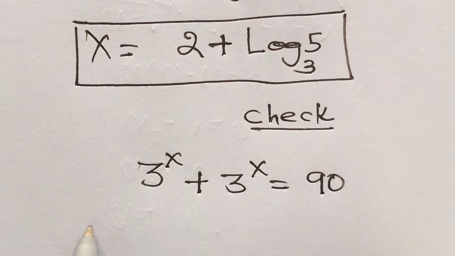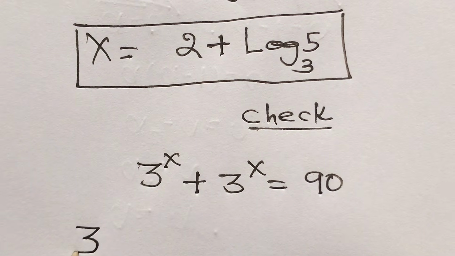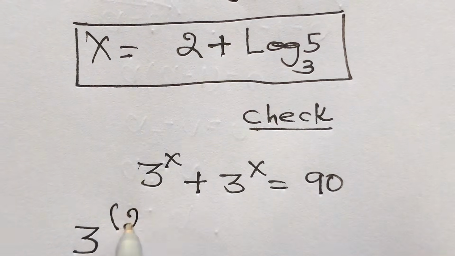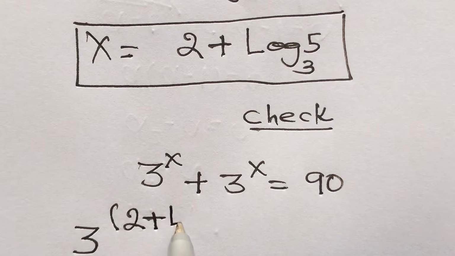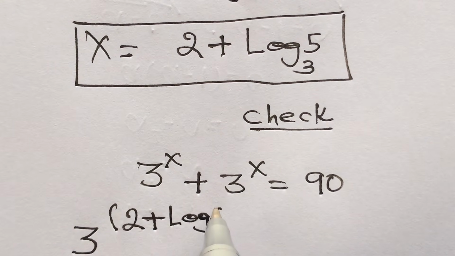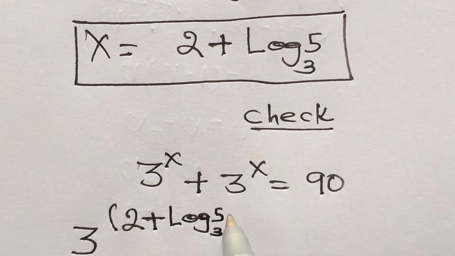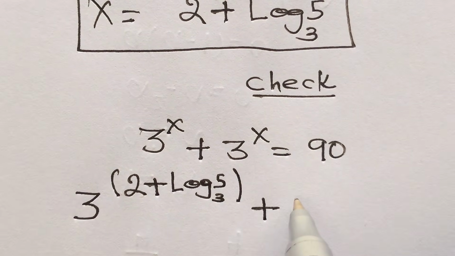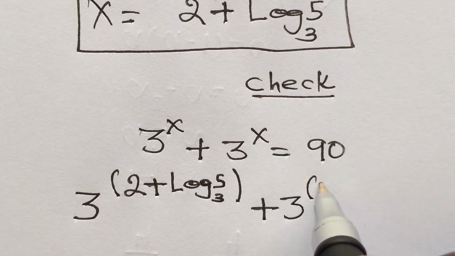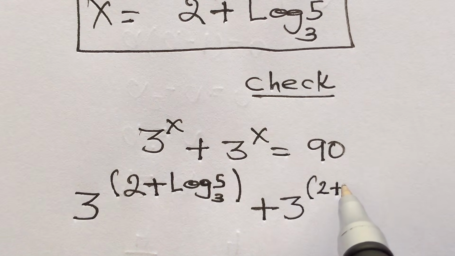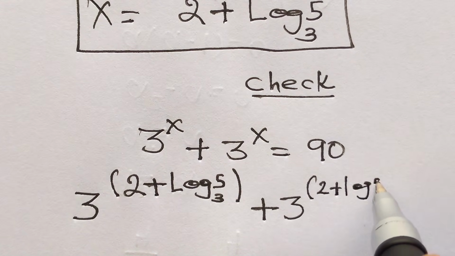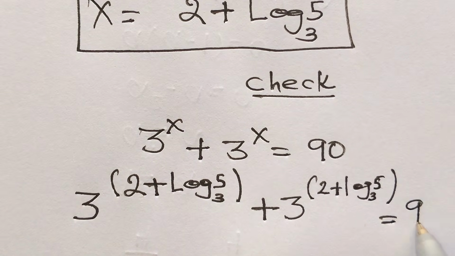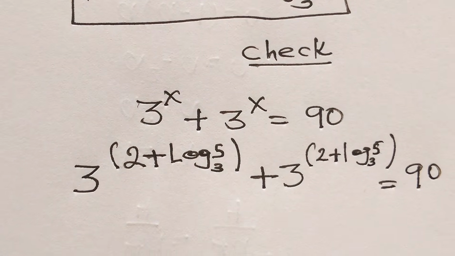Now we shall say 3 power 2 plus logarithm of 5 to the base 3, plus 3 power 2 plus logarithm of 5 to the base 3 equals 90.